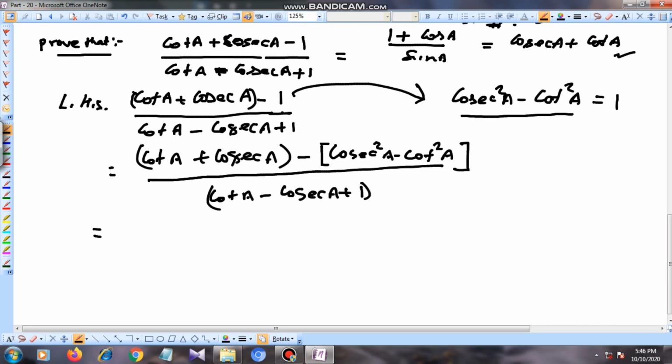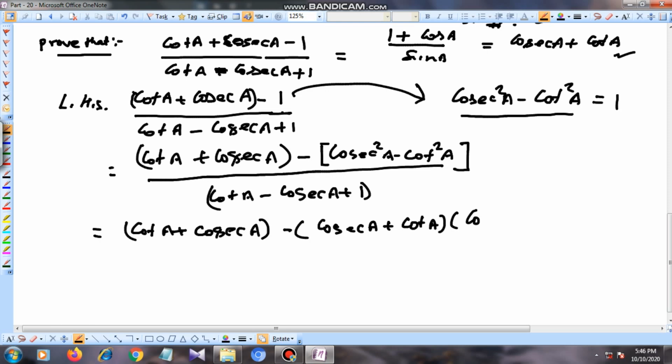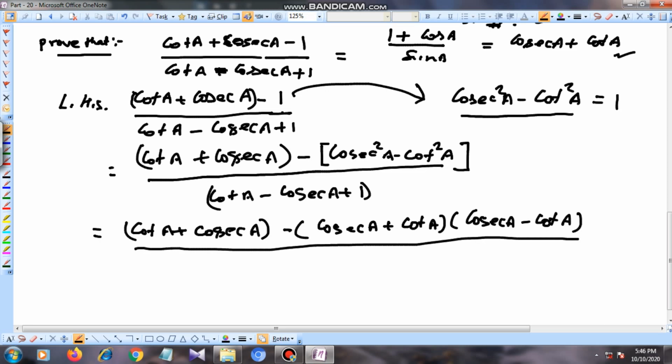Now cot A plus cosec A in one bracket, and this is an identity which can be written as cosec A plus cot A in one bracket and cosec A minus cot A in the other bracket, upon cot A minus cosec A plus 1.